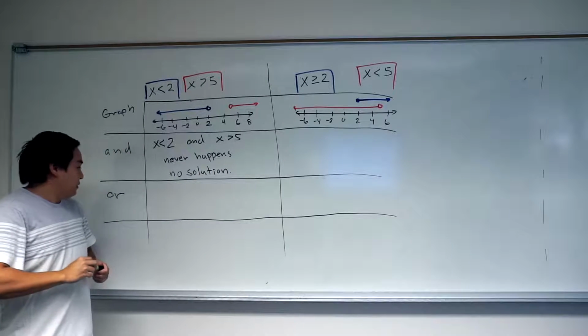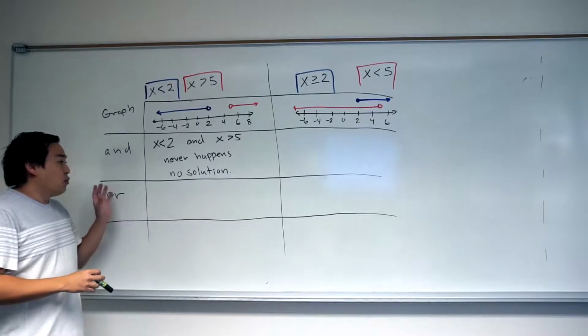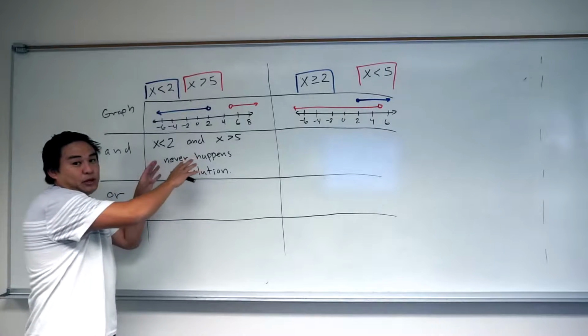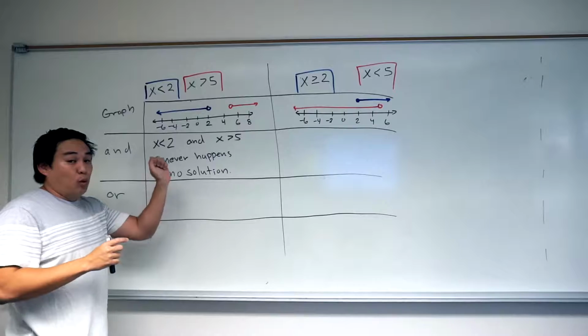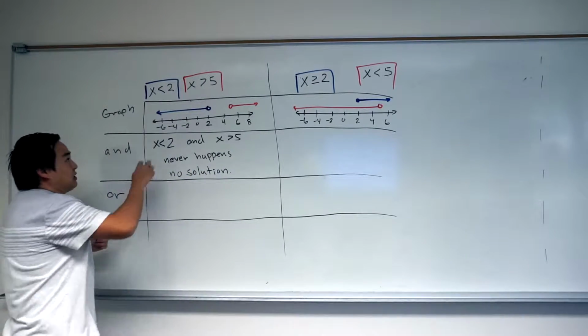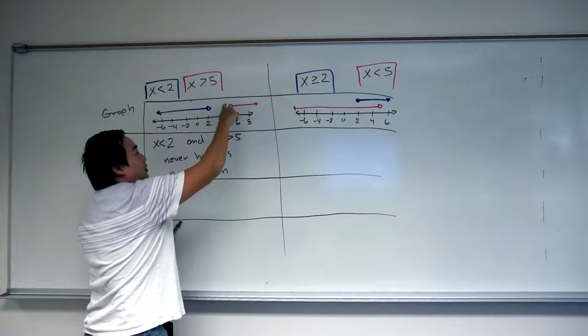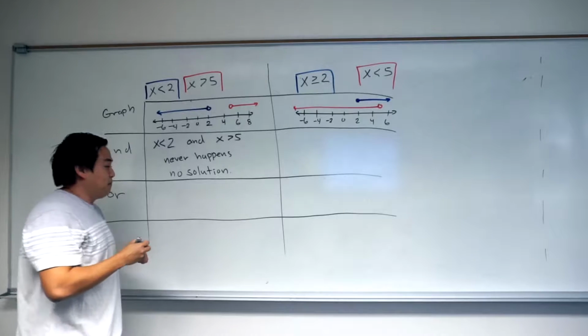Okay. Now the "or" is a little bit different, right? The "or" allows us to have one, the other, or both happen. So we already said that both cannot happen, but we have the ability to have one or the other. So notice that one happens here, which is the blue one. The other happens where the red is, but neither of them happen at the same time.